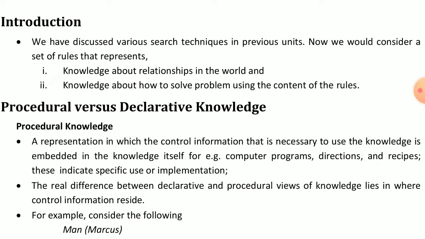First we can find out the knowledge about relationships. Objects and attributes are connected by that relationship. Now if we have some problems, then we can find out the rules for how we can solve that particular problem.